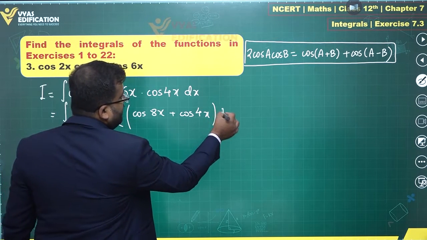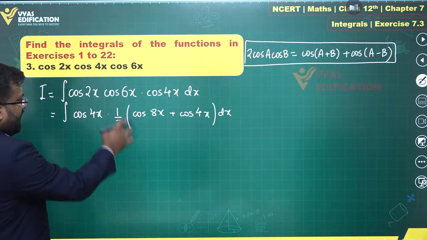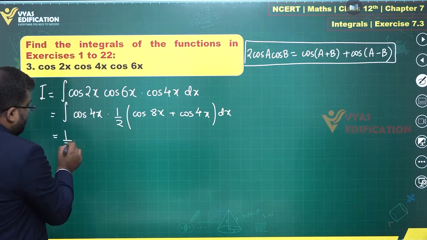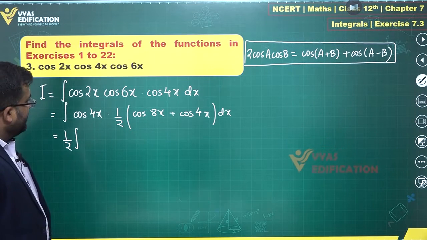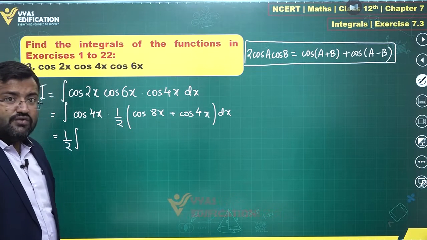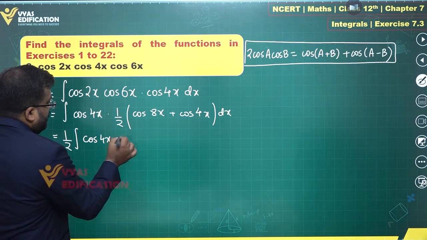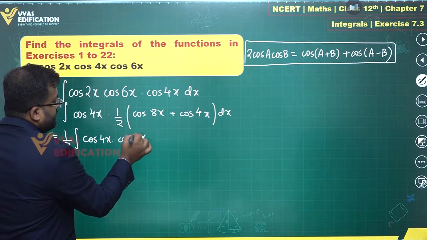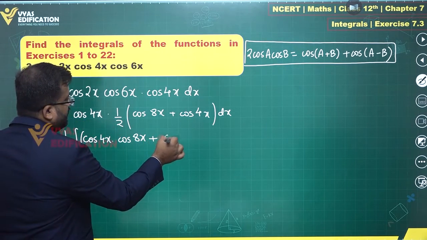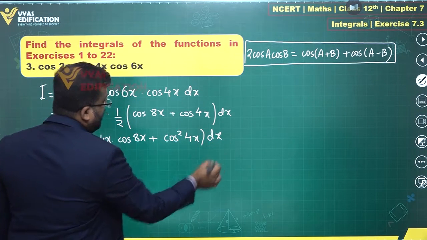Okay, this is the integral with respect to x. What next? This half can be brought outside this integral, okay. But still you have a cos 4x into cos 8x plus you have cos 4x into cos 4x, okay. So you have cos 4x into cos 8x plus cos square 4x dx.